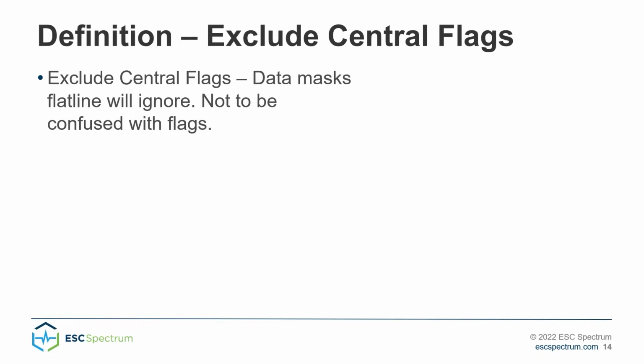Flags are applied by the data controller and some ProcessNow tasks. Masks are checkboxes for that data that is basically, okay, was this data missing? Yes or no. Was it invalid? Yes or no. So on and so forth.